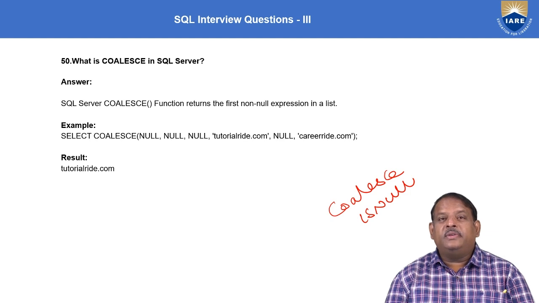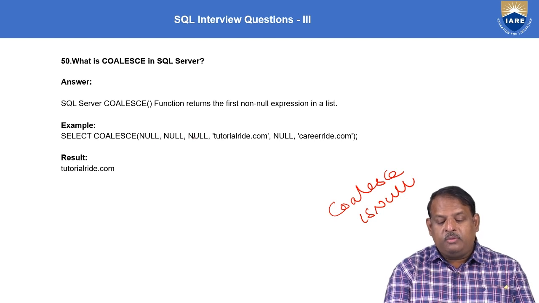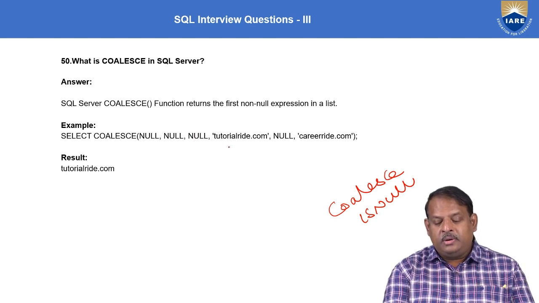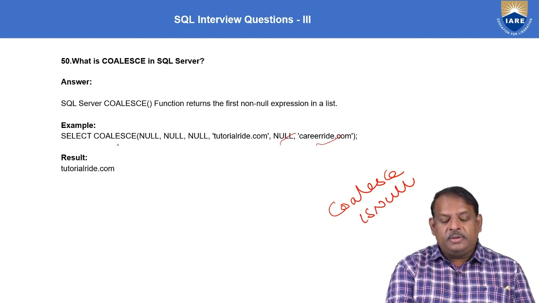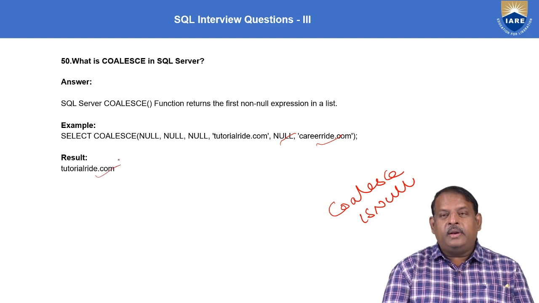For example, select COALESCE of NULL, NULL, NULL, 'tutorial', where tutorial is one string and NULL is one more value. When I execute this, I get the first non-null value.